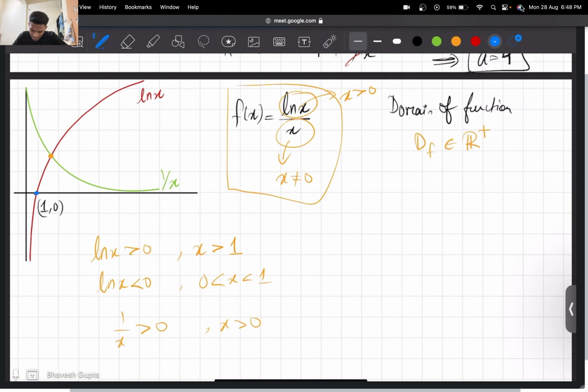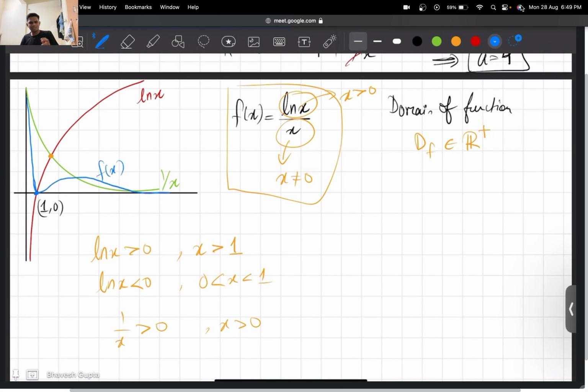And you have some large limit here, so this will behave like this, and it will grow. I mean, you make a U-turn and make this kind of a thing. So this is how your f of x function is going to look.